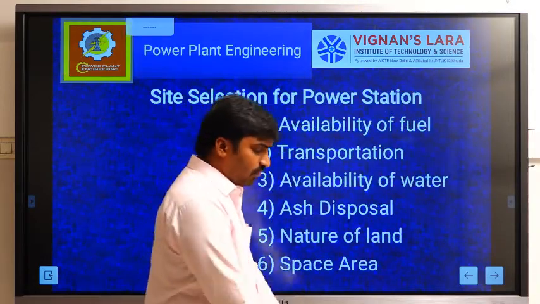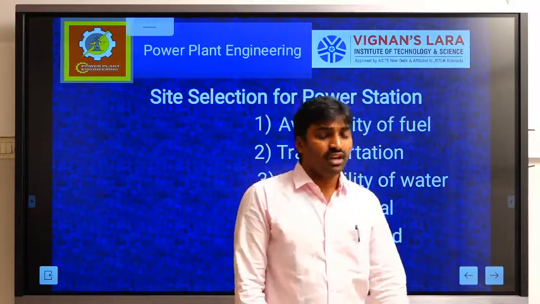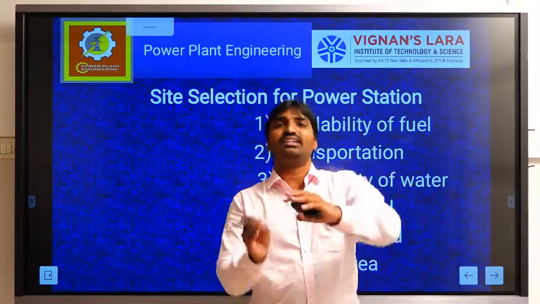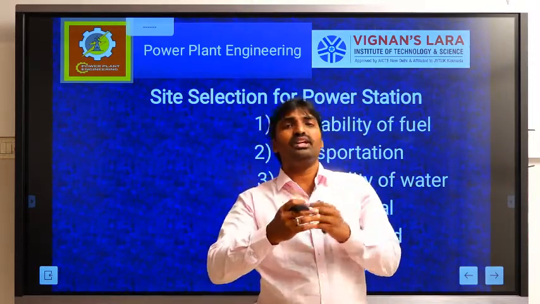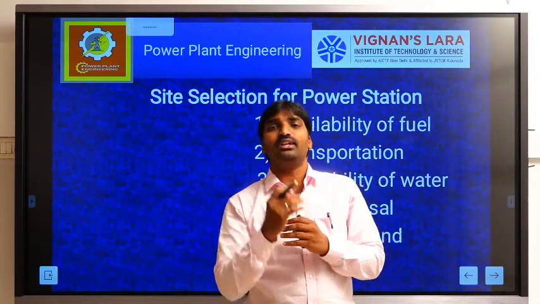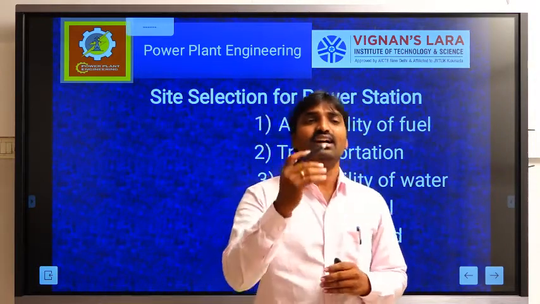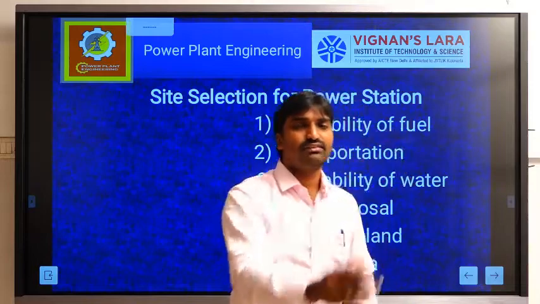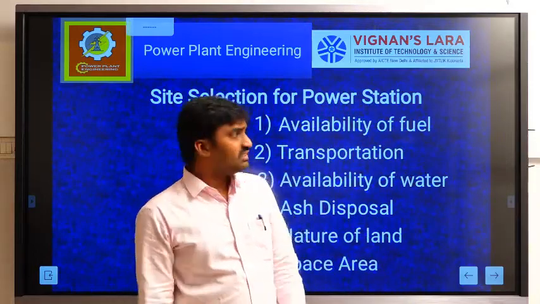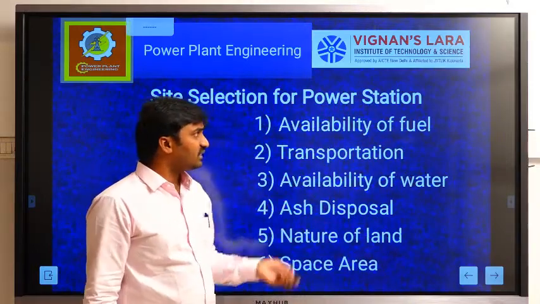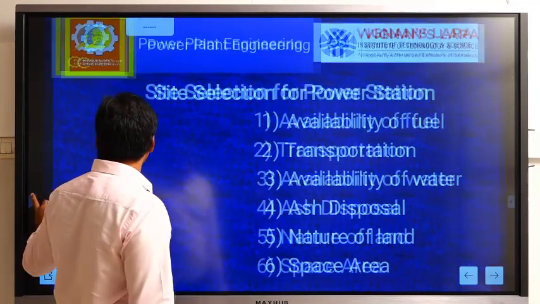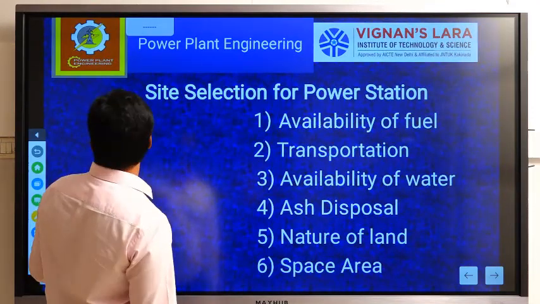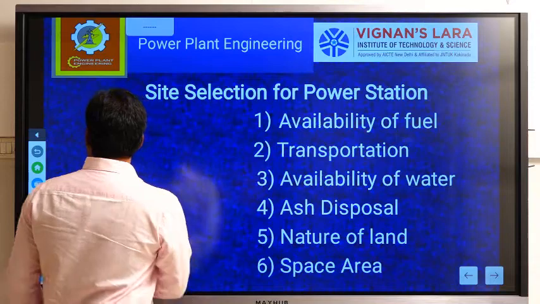And one more important thing: up to now we have been discussing how we generate the power. Another important thing is how we can do site selection for a power plant. These are some important factors affecting the power generation site.